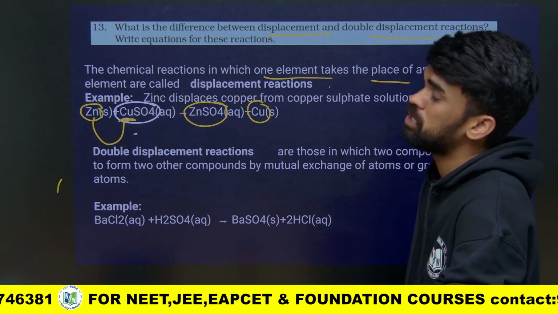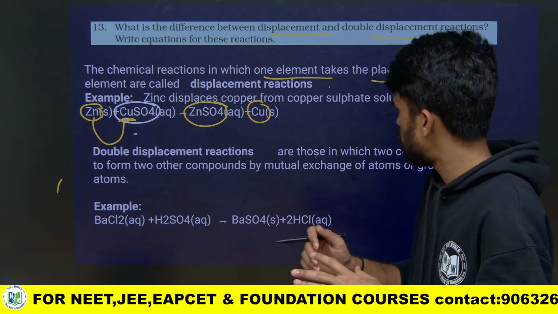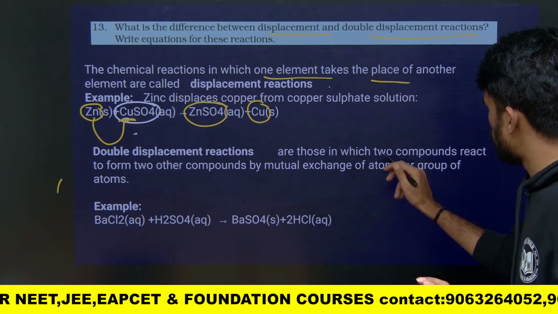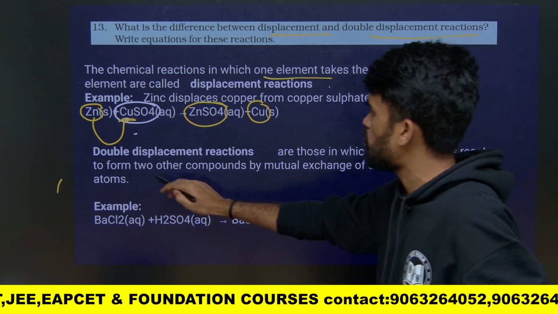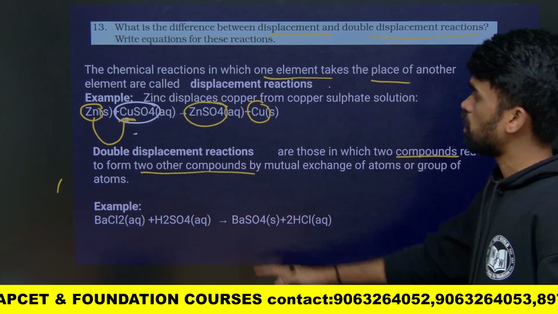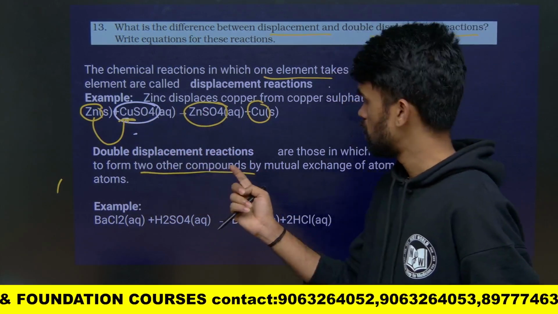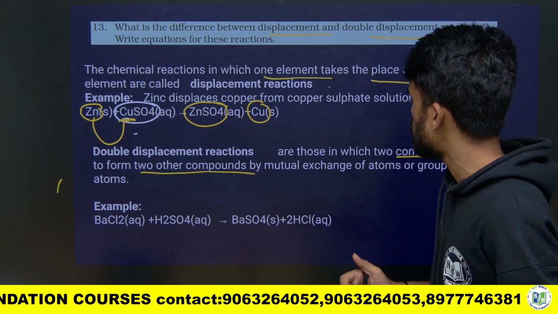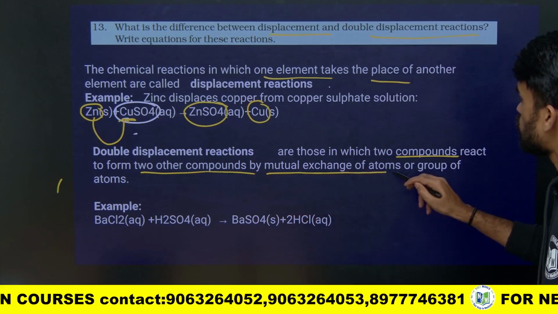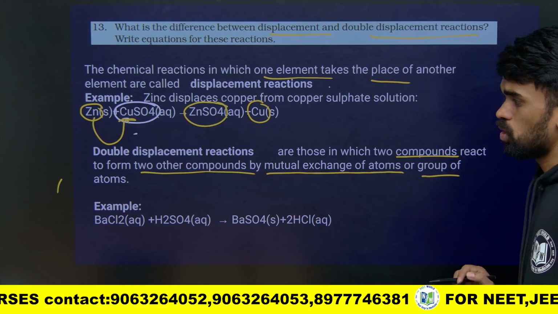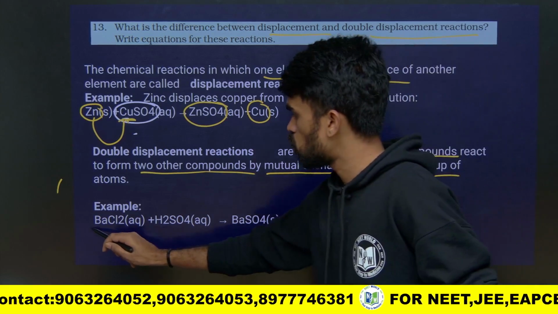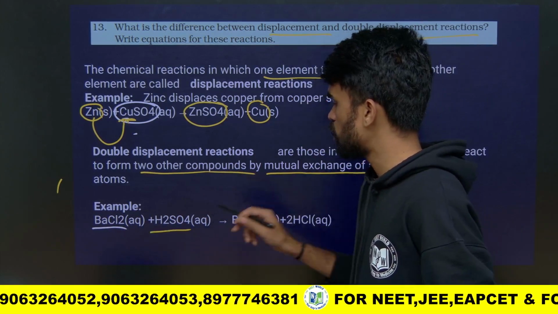Okay, what about double displacement? Those are reactions in which 2 compounds react to form other 2 compounds. Here only one compound is formed. In double displacement, 2 other compounds are formed by mutual exchange of atoms or groups of atoms. For example, we have barium chloride and sulfuric acid.